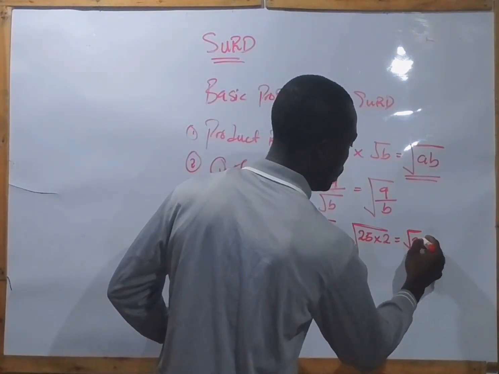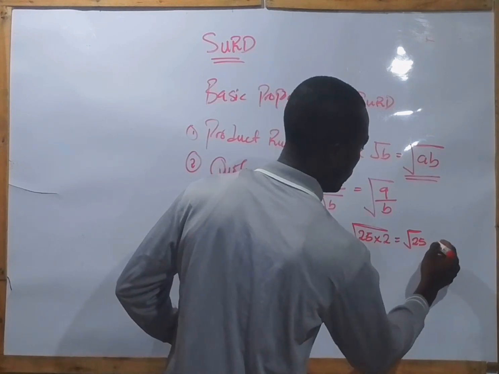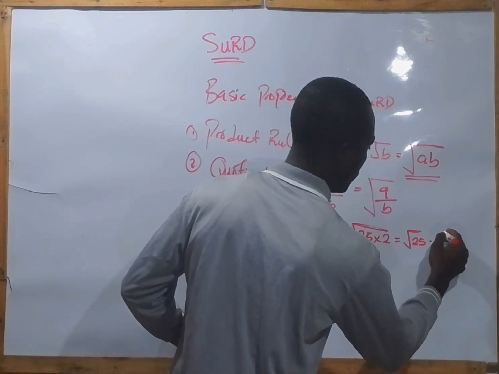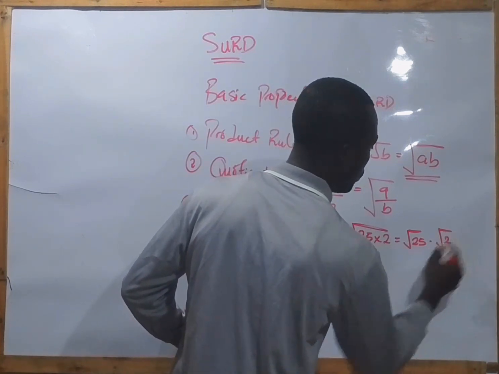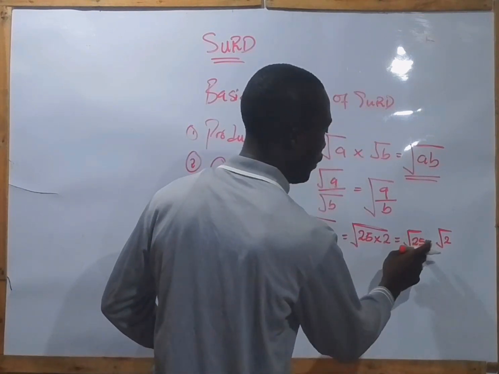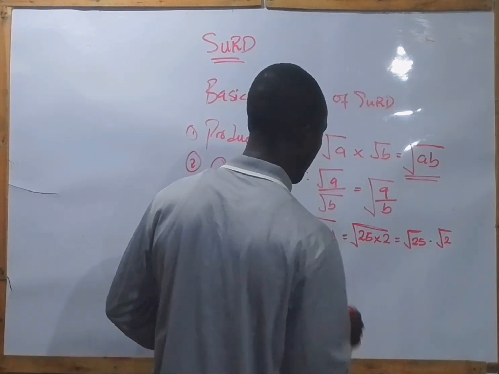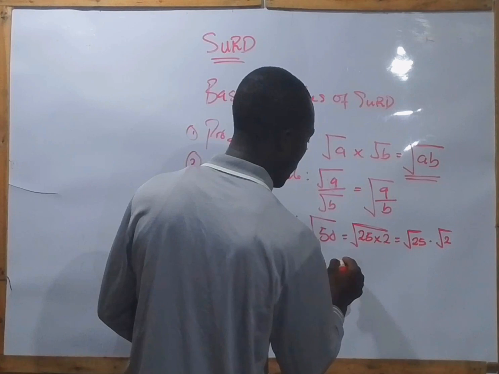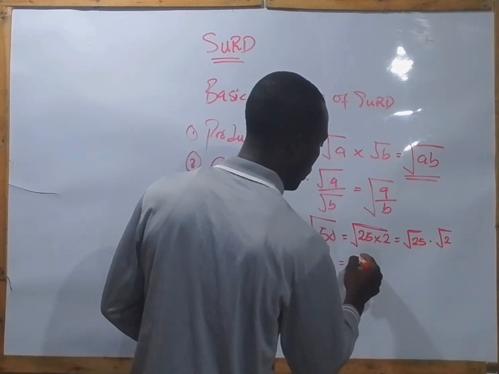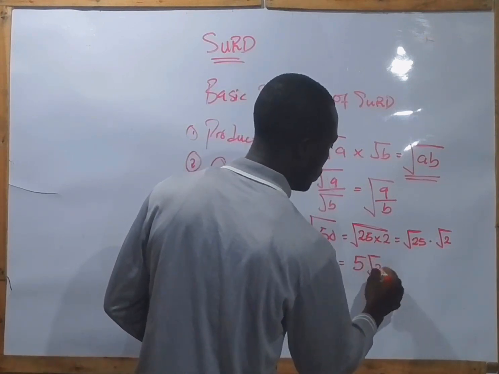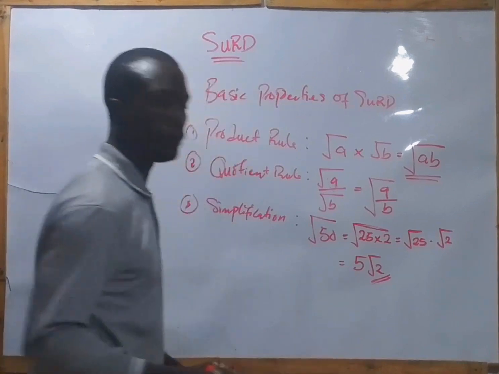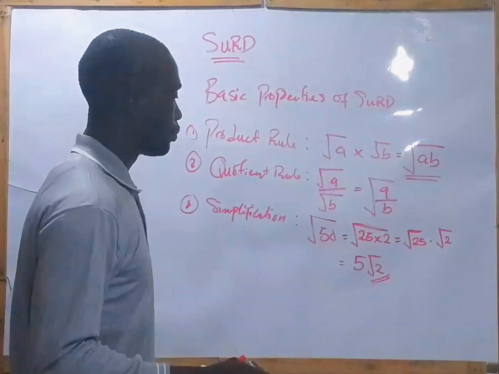Root 25 times root 2. Root 25 will give you 5. So definitely we have our final answer to be 5 root 2.